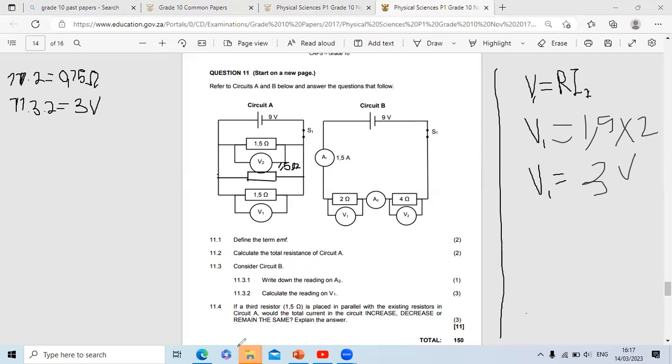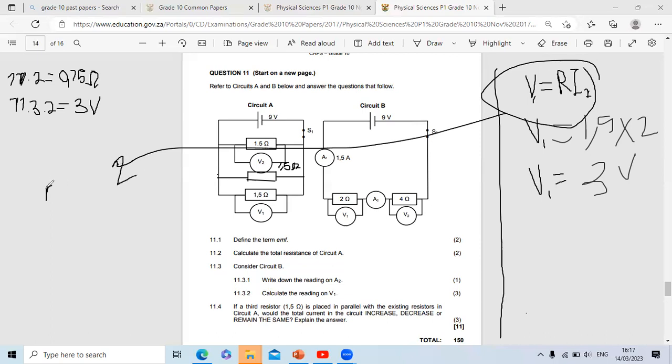Remember that if you rearrange this equation, you end up with R is equal to V over I, which is actually the original Ohm's law.